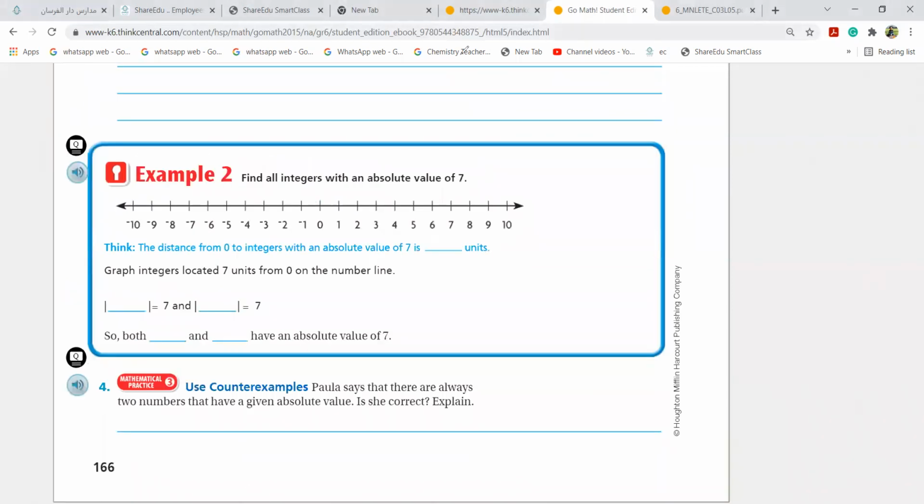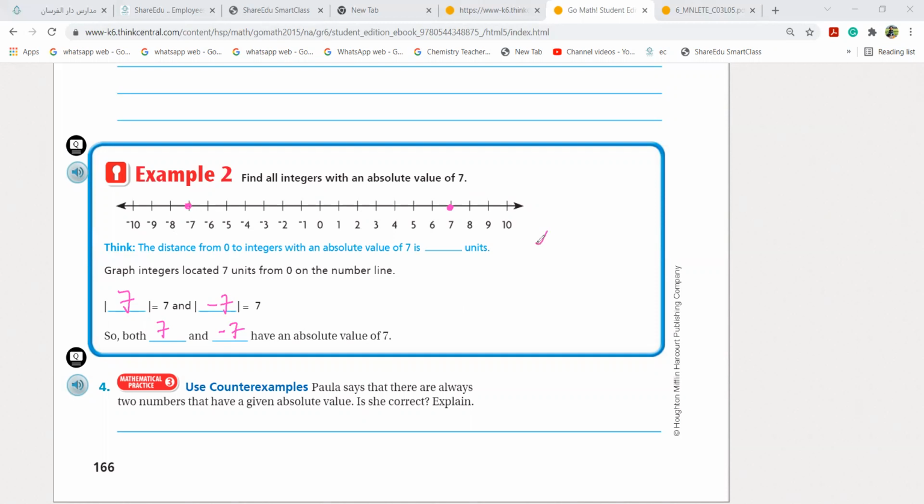Tell me, find all the integers with an absolute value of 7. What all do you get? For 7, you get positive 7. All the integers means minus 7, right? You get 7. And you also have minus 7. But the answer is both are 7. 7 and minus 7 have an absolute value of 7.